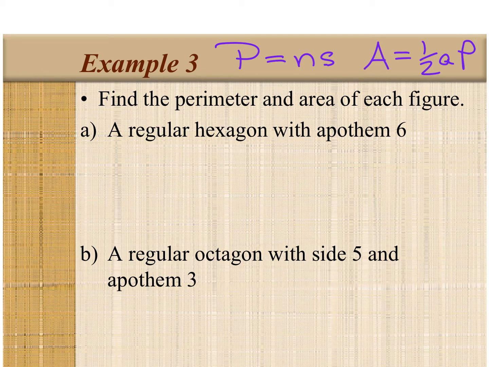So if you notice, the three variables that we need to find the value for are going to be the n, and this one I can tell from the name. It's a hexagon, so n represents the number of sides. They gave me the apothem. The only thing I don't know yet is that side length. And this is where I'm going to use my special right triangle.